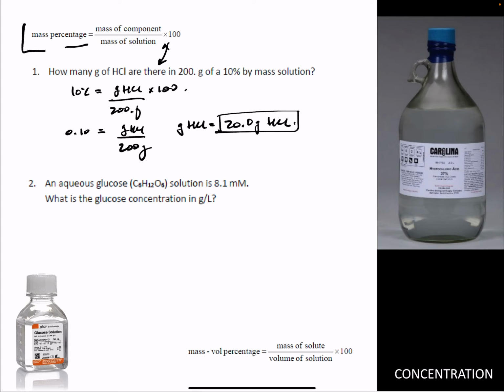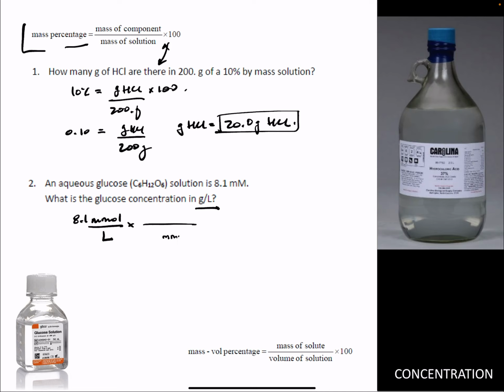An aqueous glucose solution is 8.1 millimolar. Now we're doing a conversion here. What's that in grams per liter? I write down 8.1 millimolar, which is millimoles per liter, and it just becomes a conversion problem. I need to go between millimoles and moles.